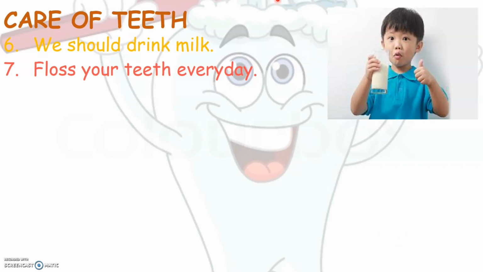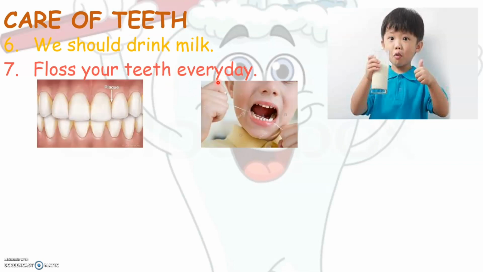Now the next important thing that you need to do in order to take care of your teeth is that you need to floss your teeth daily. Now what do you mean by flossing? As you see in the picture here, this is called floss. Floss is actually a thin thread and it passes between the teeth and helps to clean the area.